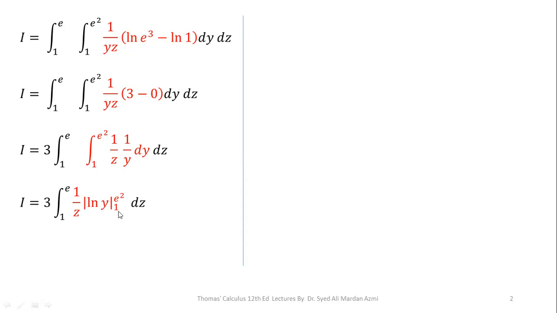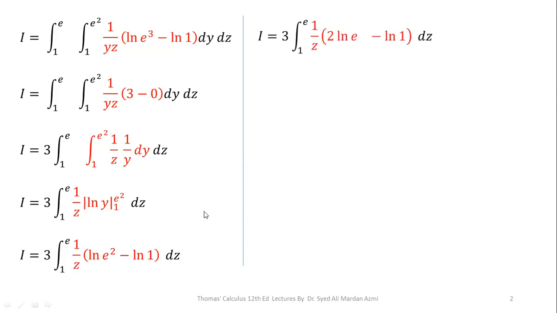After integrating, I apply limits from 1 to e square, upper limit minus lower limit, following a similar process as for the inner variable. Natural log and e are reciprocals of each other. They cancel out each other, and we are left with 2 in the first term, and natural log of 1 is 0.